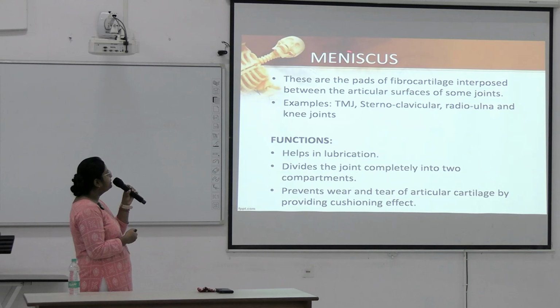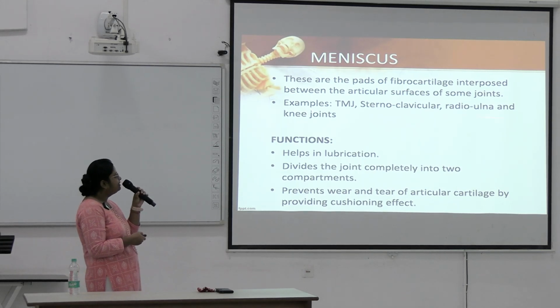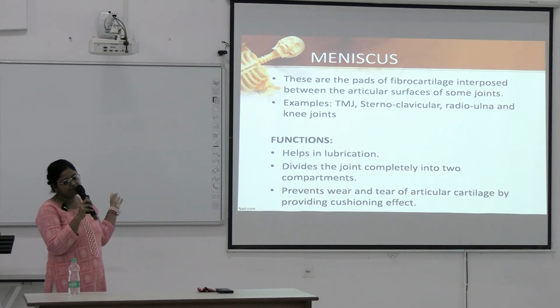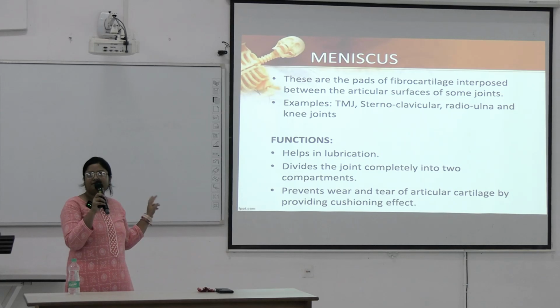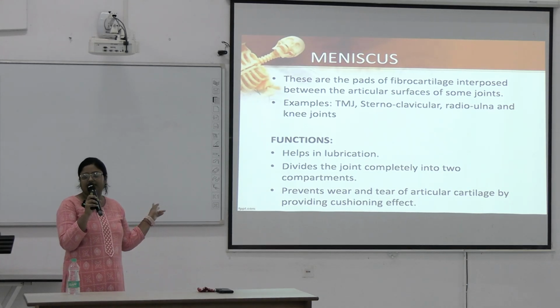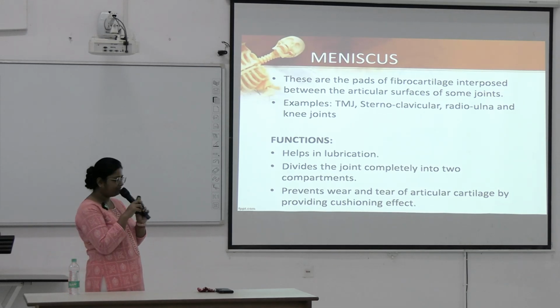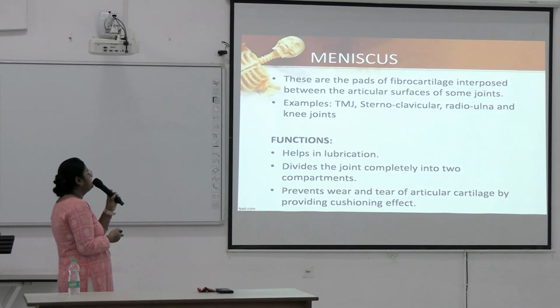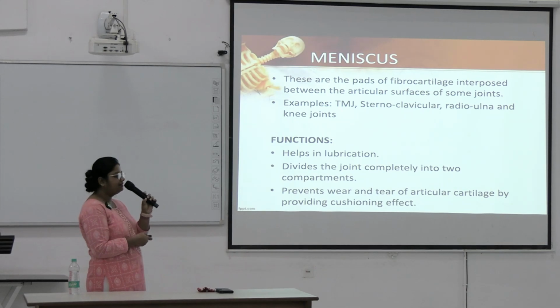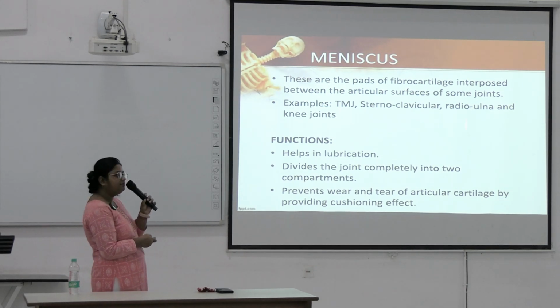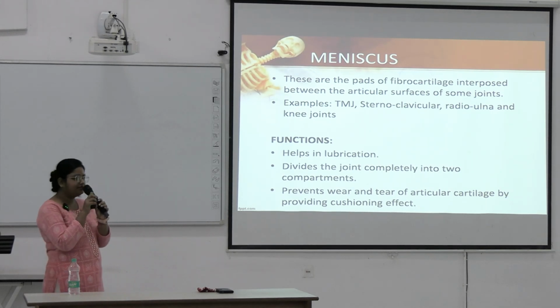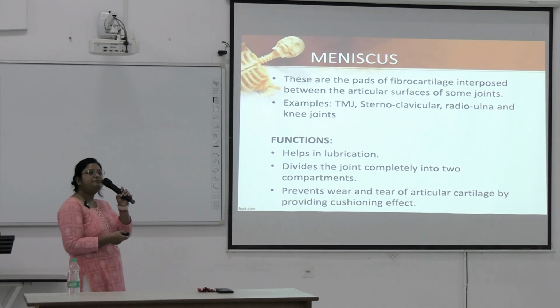Remember the names of the joints which have menisci, important for your viva and MCQs. Examples are the temporomandibular joint, sternoclavicular joint, inferior radioulnar joint and knee joint. These are the positions where menisci are present.